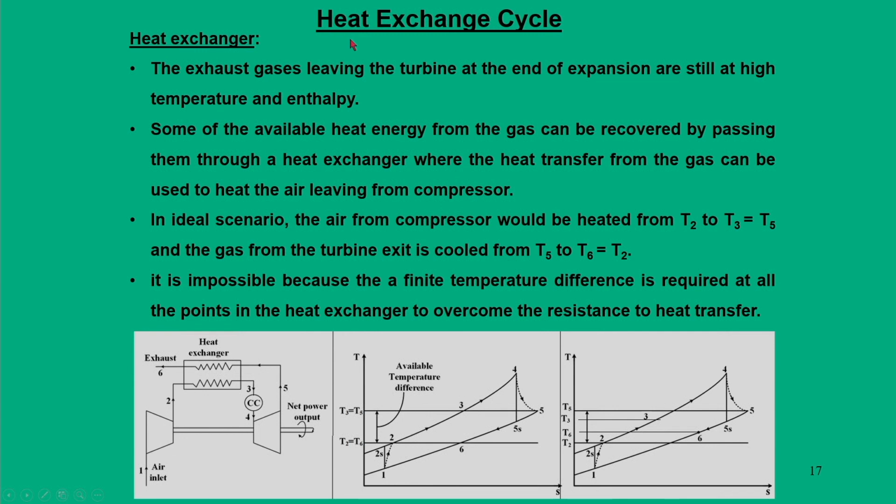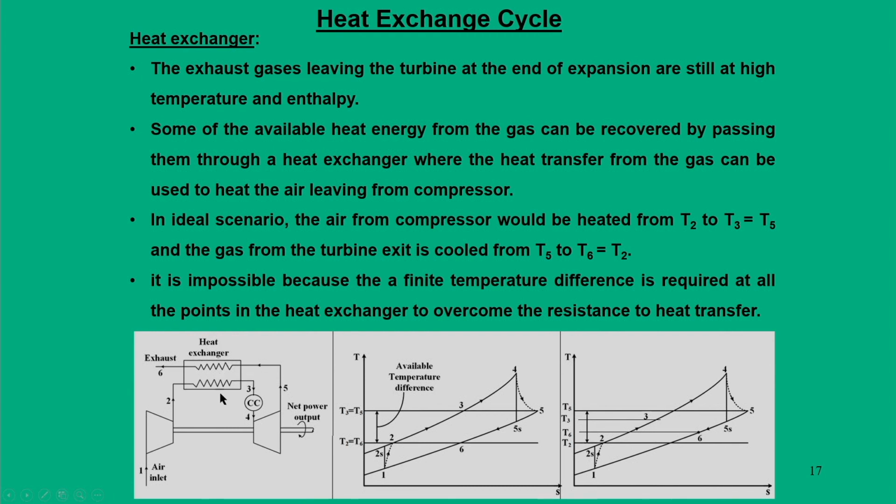Now, we have already discussed some details about the heat exchange cycle, but here it is analyzed in the context that the heat exchanger has to be an integrated part when you are talking about reheat or intercooling. So let us see where we can put it when you introduce a heat exchange cycle.